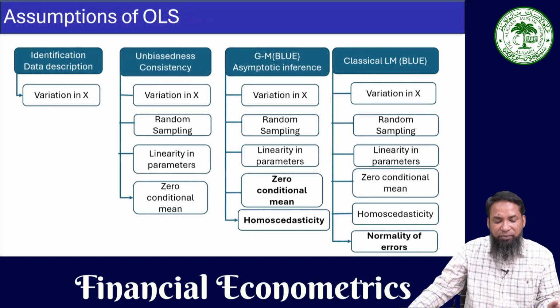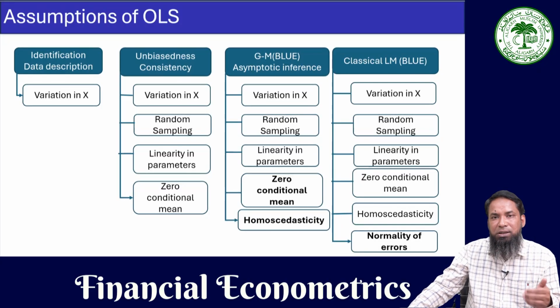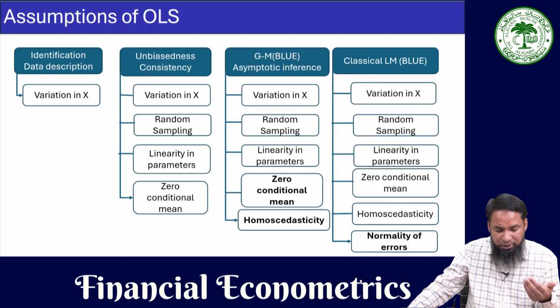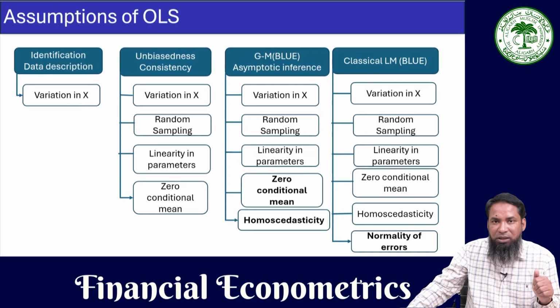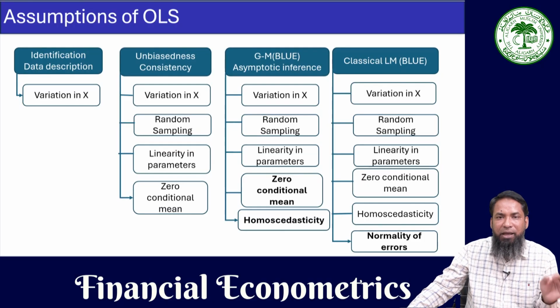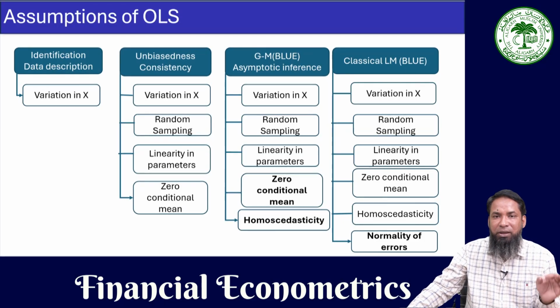Before discussing the violation, let's quickly discuss the assumptions, though they have been discussed in the two variable regression model earlier also. First, for identification, there must be variation in x. If there is no variation in x, we will not be able to identify how x1 is different from x2.